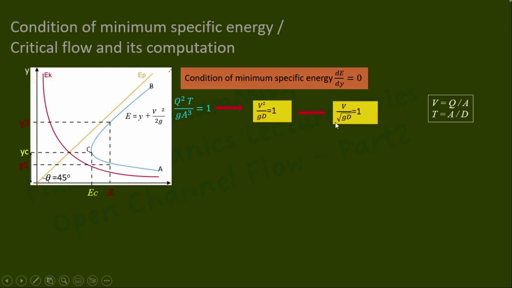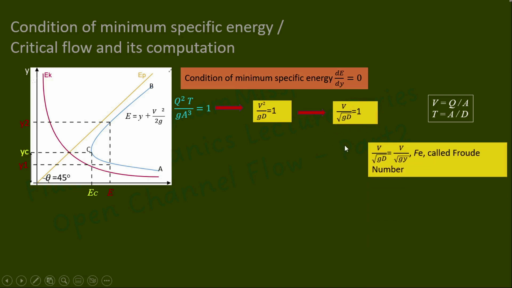What is V by root of gD? It is nothing but the Froude number, which is the ratio of inertia force to gravity force. So from this expression we can say that at critical flow, the Froude number is equal to unity. At this stage we can say that F equal to 1 represents the critical state of flow.